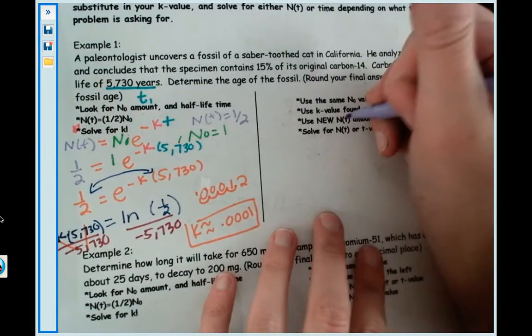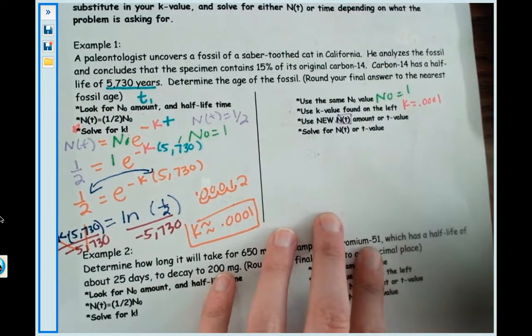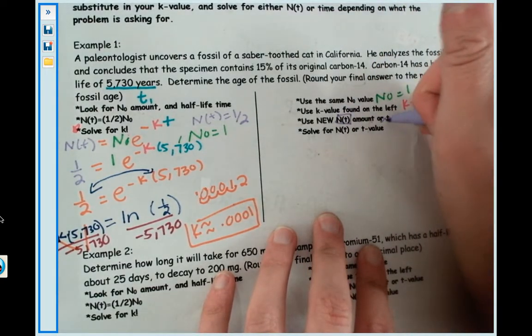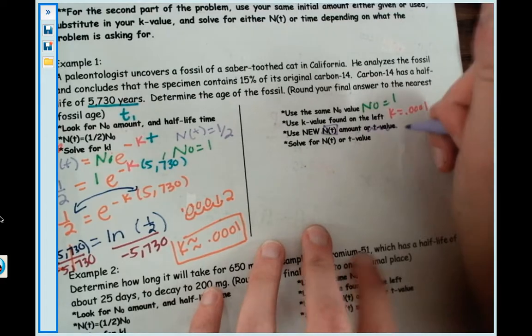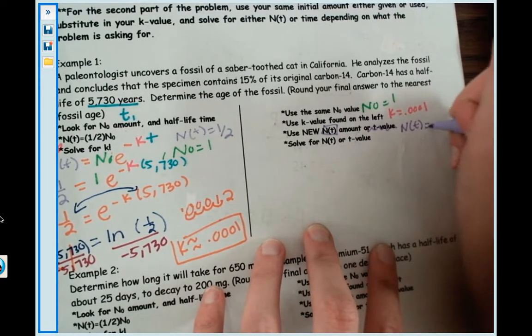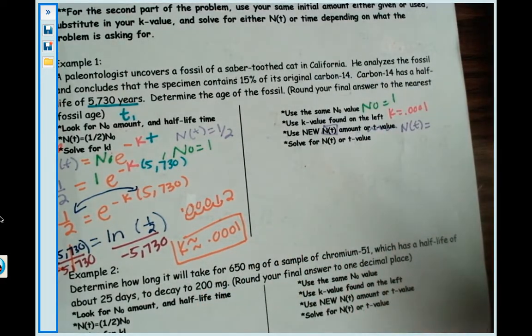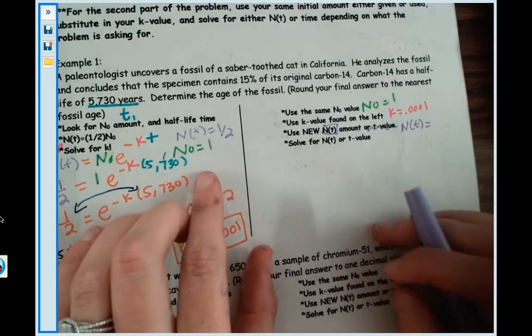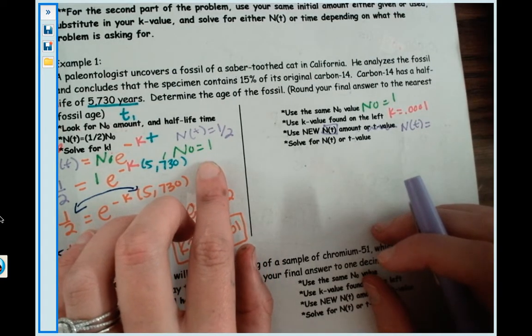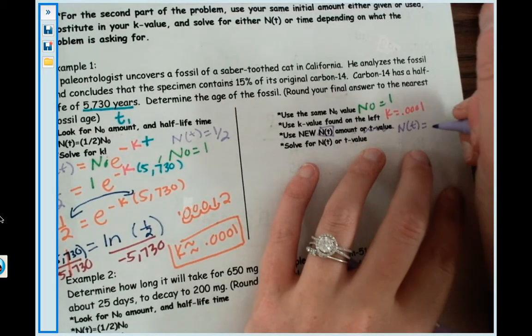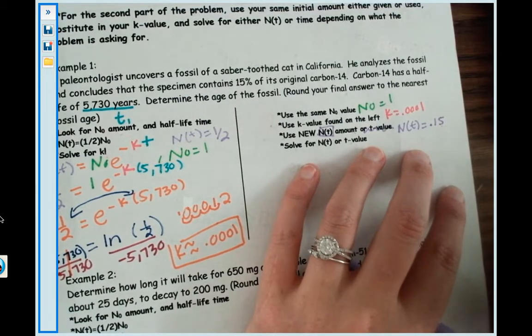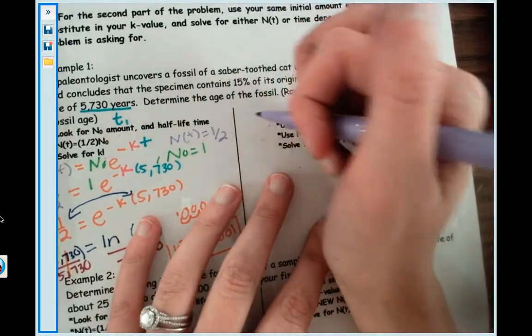So in this one, we're actually going to have an n of t value, which means we're not going to have a t value. So n of t is going to equal 15% of the original, which if we have 1, 15% of 1 is 0.15. How I got that, I'll do the work over here.